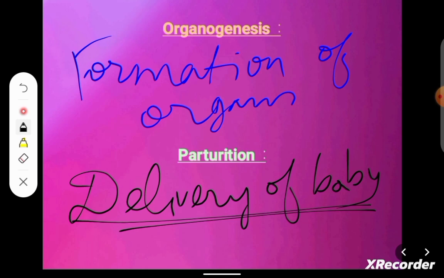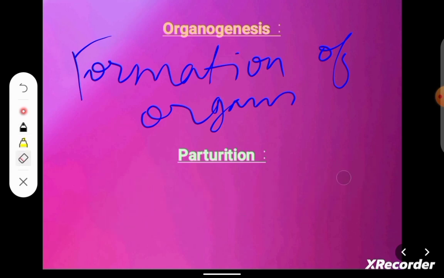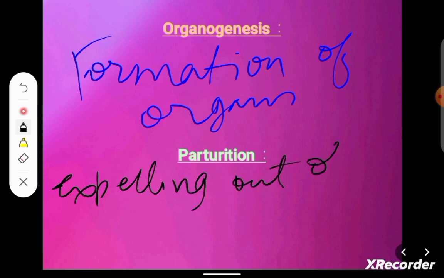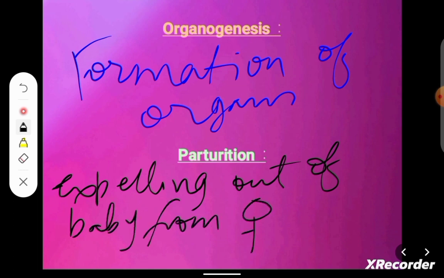So we have completed the full process from the formation of gametes to the formation of the new life on the earth. So this is the delivery of the baby, and if we are defining it in a scientific manner, it is the expelling out of the baby from the female body.